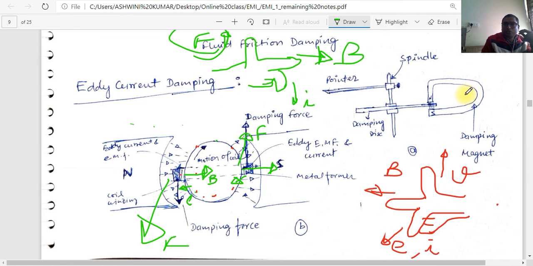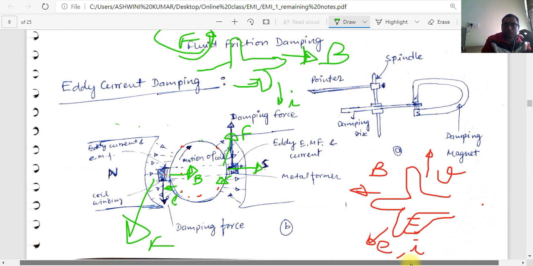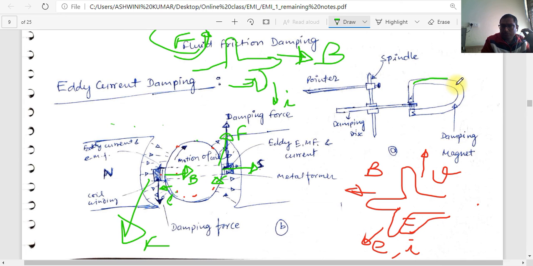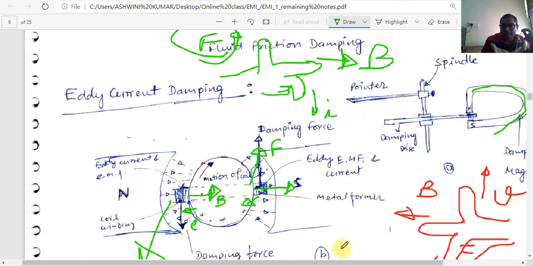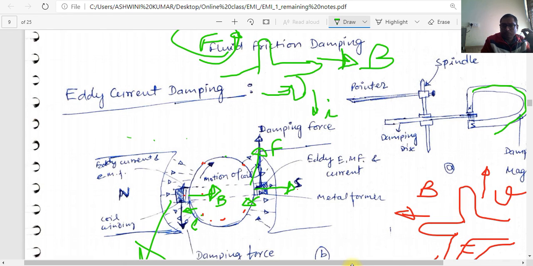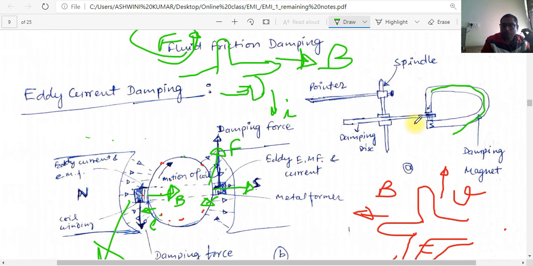disc. If we take this magnet, and this is the damping disc, and this is the pointer, the spindle. When the pointer moves, the damping disc also moves in the magnetic field. The flux lines are cut, there is an induced EMF, and the eddy current is produced.